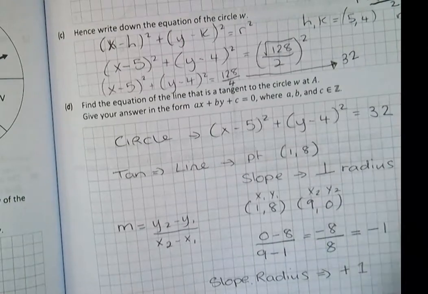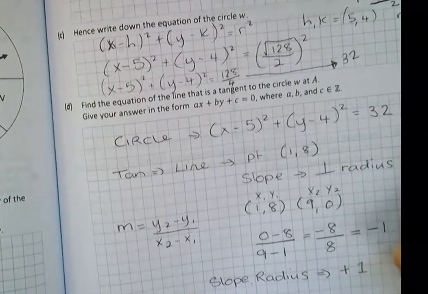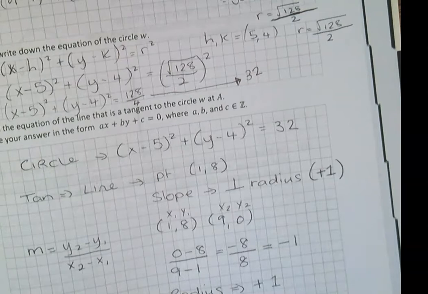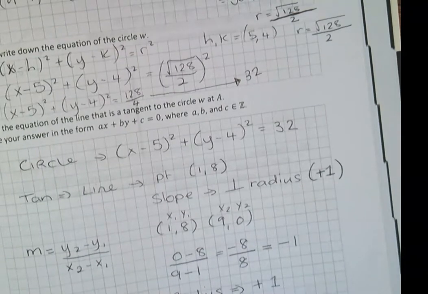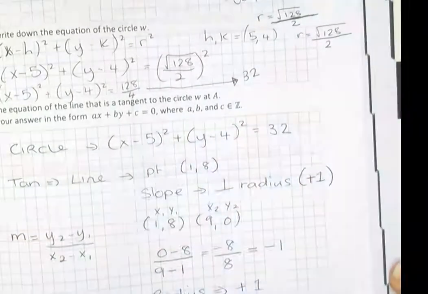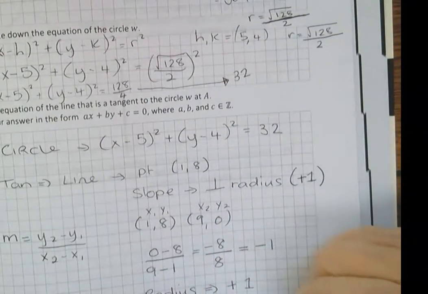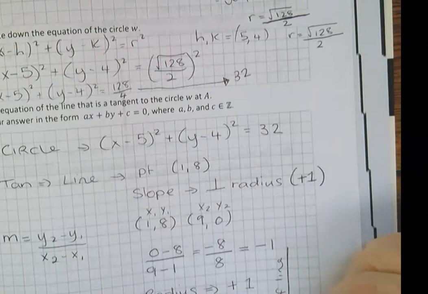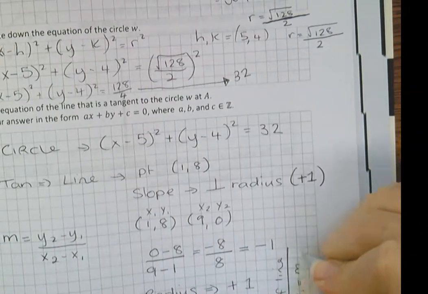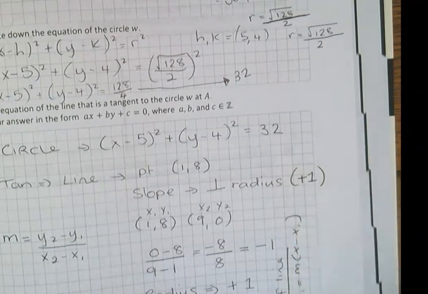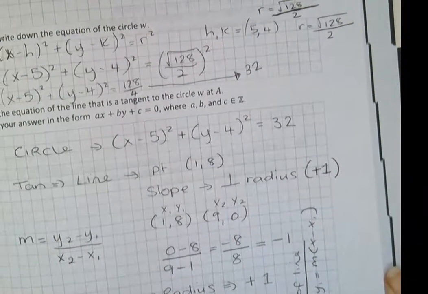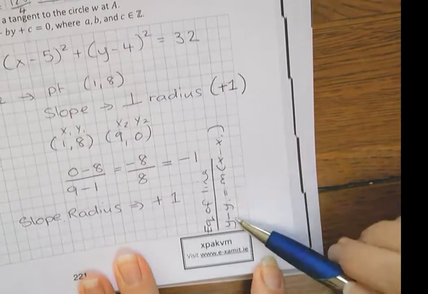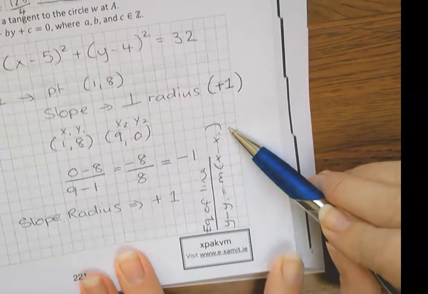So now we have a point and we have a slope. So if we have to find the equation of the line, which is what they want, okay, I'm going to write it sideways on this page because I can't fit it. So the equation of a line is y minus y1 equals m(x minus x1).